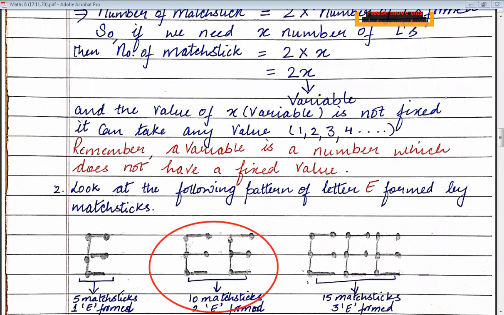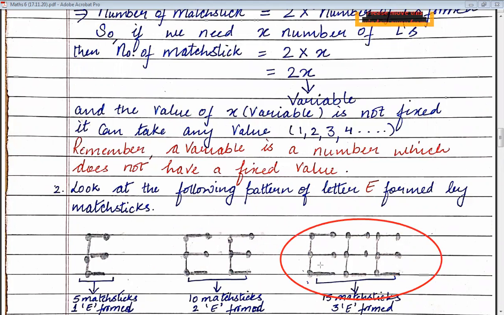So let's count the number of matchsticks. 1, 2, 3, 4, 5, 6, 7, 8, 9, 10. So how many matchsticks do we need? We need 10 matchsticks. Let's look at the next one.